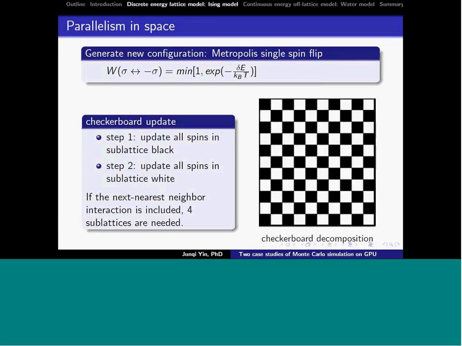First, spatial decomposition. How is Monte Carlo used to study this Ising model? Basically, Monte Carlo uses random numbers to generate configurations. Let's say we start with one spin and try to flip it.